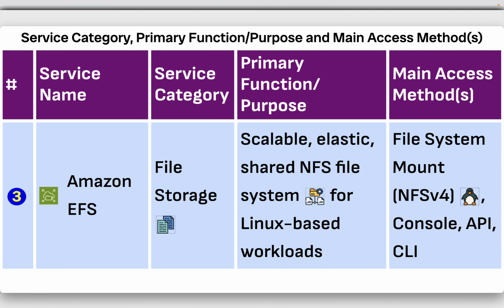Next, Amazon EFS, the category it belongs to is file storage. Main function is it provides a scalable, elastic, shared NFS file system for Linux based workloads. Main access methods are file system mount through NFS v4 protocol and access via AWS console, API and CLI.